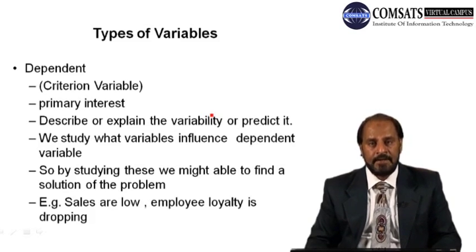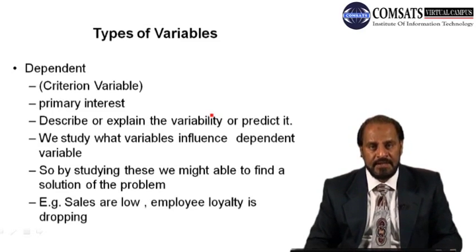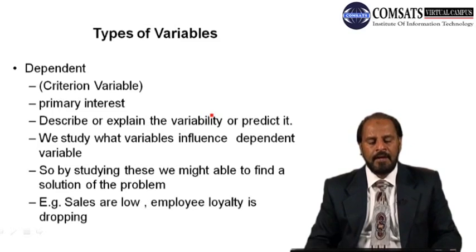What basically we try to do is explain the dependent variable, predict the dependent variable, and describe the dependent variable. We also study what are the variables which influence the dependent variable. And by studying these, we might be able to find a solution.